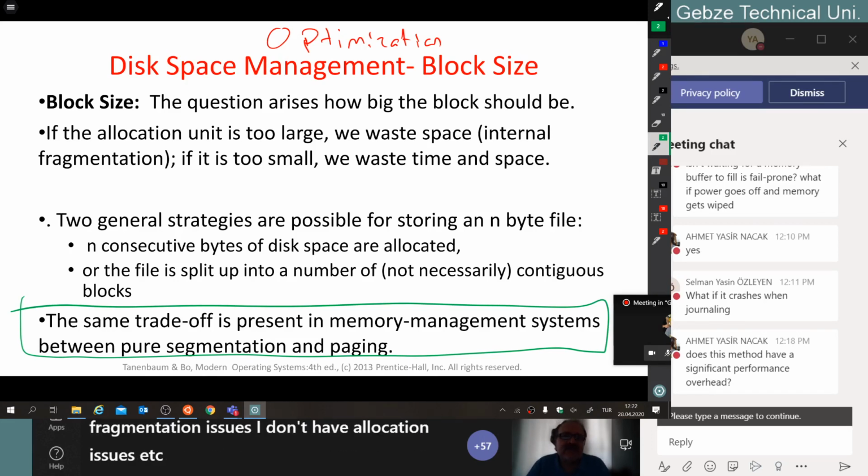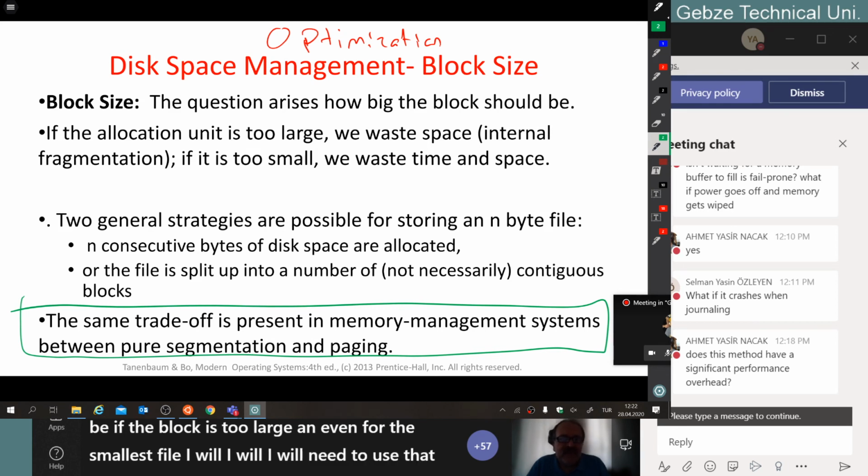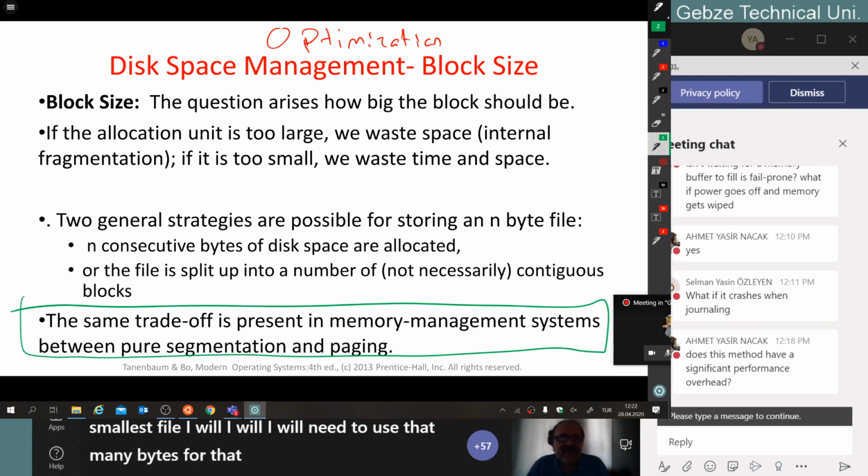We are going to say that our file is divided into blocks, and I need to determine the block size. Okay, how big should my blocks be? If the block is too large, then even for the smallest file I will need to use that many bytes for that block, and I will waste space. That's called internal fragmentation.